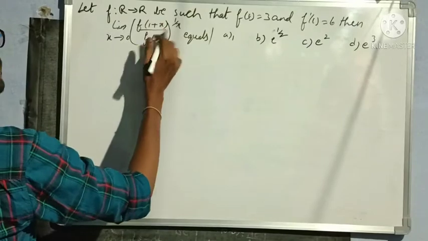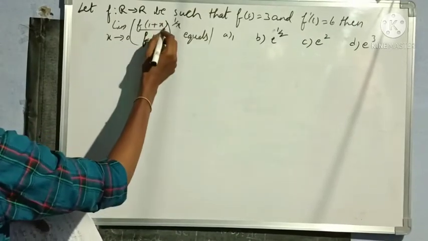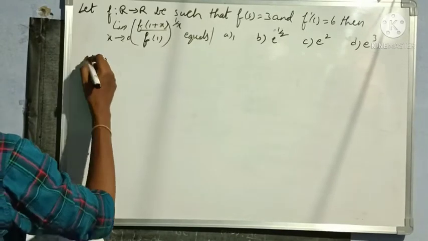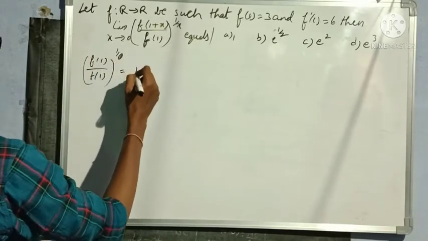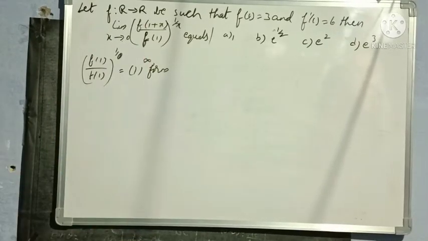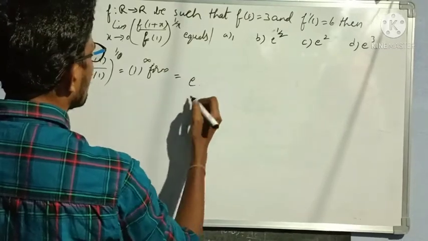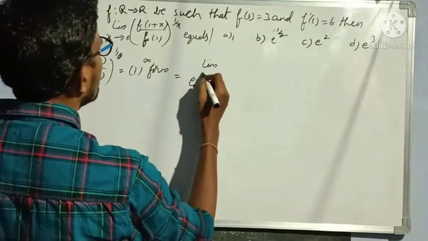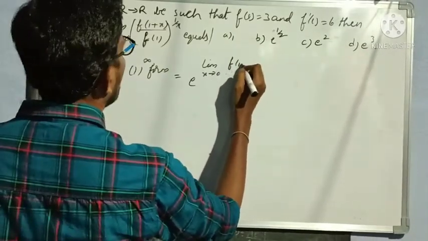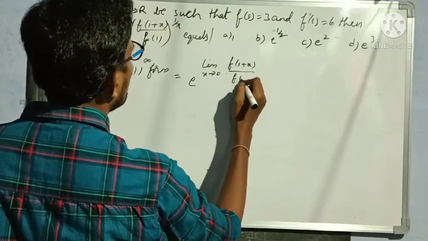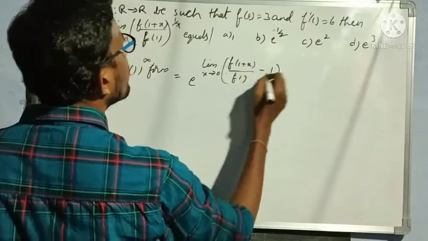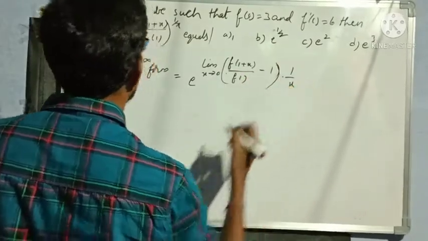What is this form of limit? If I substitute x tends to 0 in the place of x here, then I am getting f of 1 by f of 1 whole power 1 by 0. So this is nothing but 1 power infinity form. Okay, if the limit is of the form 1 power infinity, then we can write this as e power limit x tends to 0, f of 1 plus x by f of 1 minus 1 whole into 1 by x.